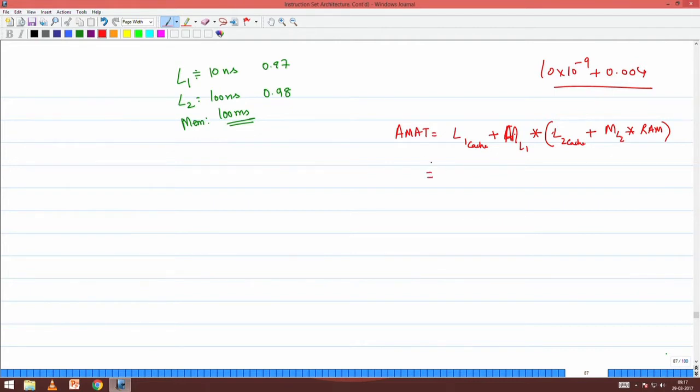Let us substitute here. L1 would be 10 nanoseconds, 10 into 10 power minus 9, plus miss ratio is 0.03. Oh, I just put 0.96 last time.